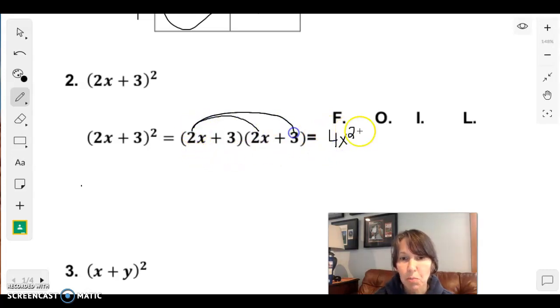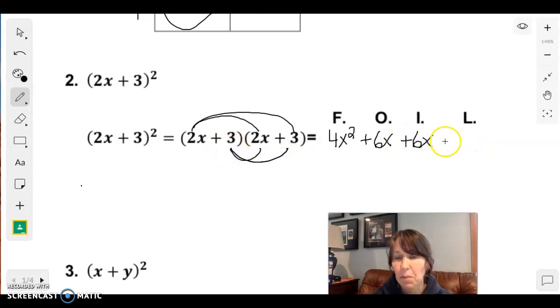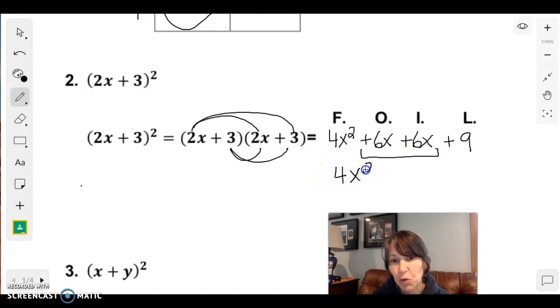Our outer product is a positive 6x. Our inner is a positive 6x again. And our last is a positive 9. These two can be combined, so we get 4x squared plus 12x plus 9. So again, we're getting that trinomial.